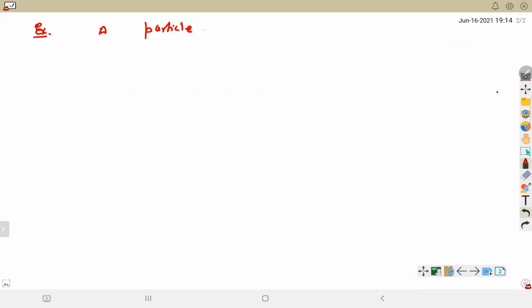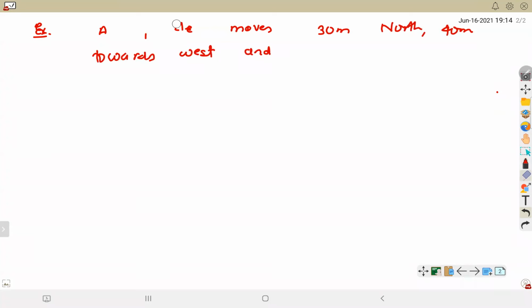I will take a slightly tricky question. A particle or object, anything. A particle moves 30 meters towards north, then 40 meters towards west. Let's take the particle as an insect, it will be more practical.